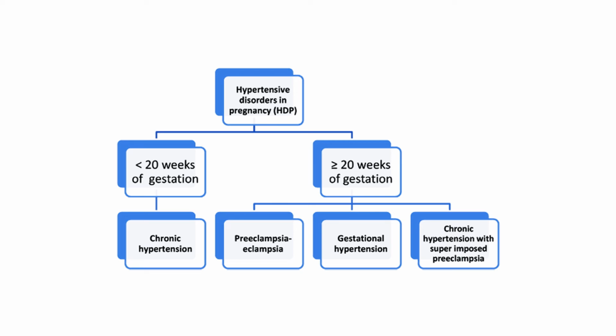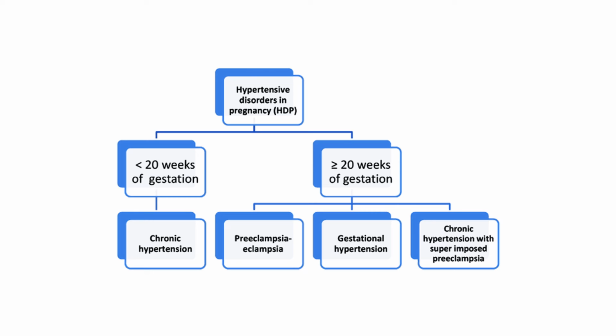Hypertensive disorders in pregnancy can be classified, again, this is just a repetition and a recap of what we have talked about, into two by gestational age. Less than 20 weeks of gestation is chronic hypertension, and we defined it with three definitions.